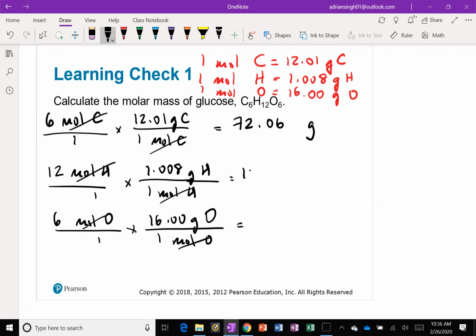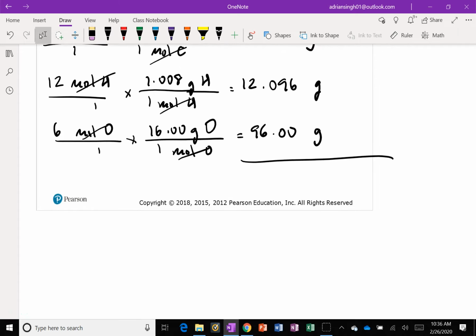Right, so that would give 12.096 grams. And then we have 6 oxygens. Each oxygen is 16. Right, 16 times 6 would be 96 grams of the oxygen. We just simply add those together at the end.